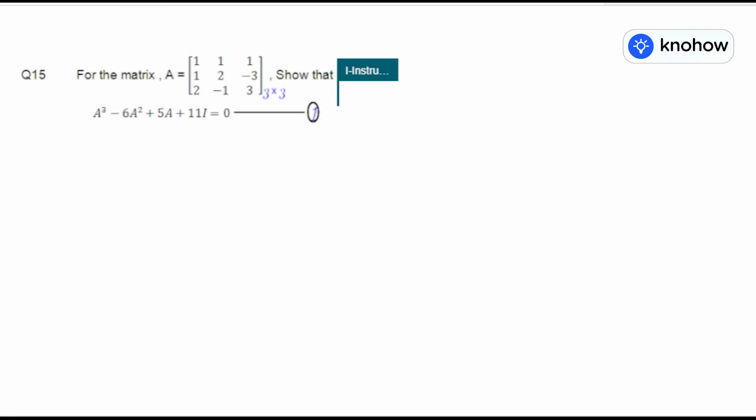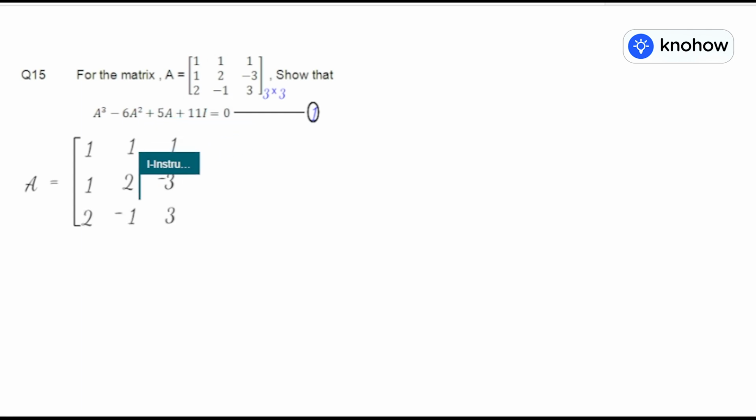So let us first of all work out A square and hence A cube. Given the matrix A as [1, 1, 1; 1, 2, -3; 2, -1, 3]. So what will be the value of A square?